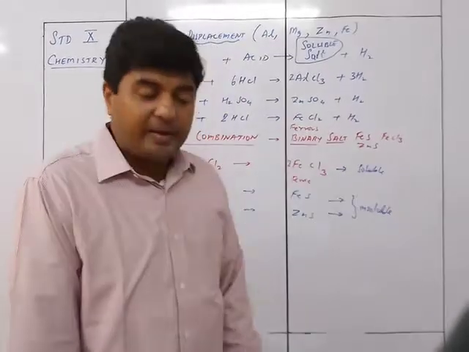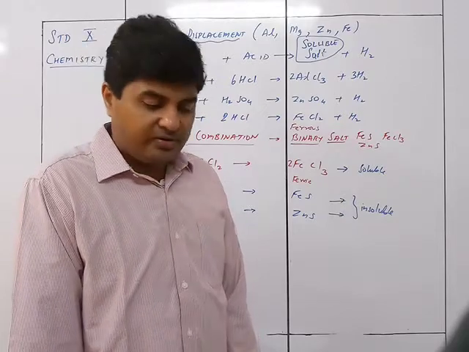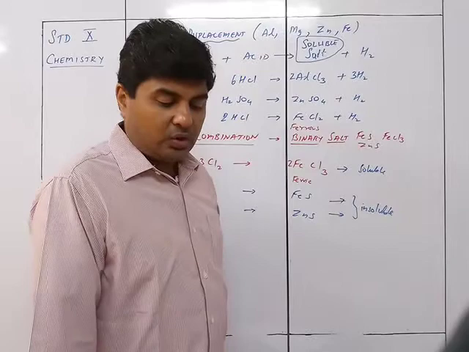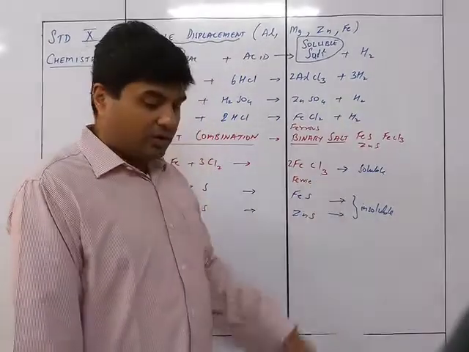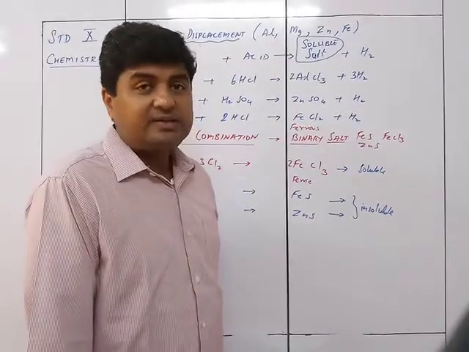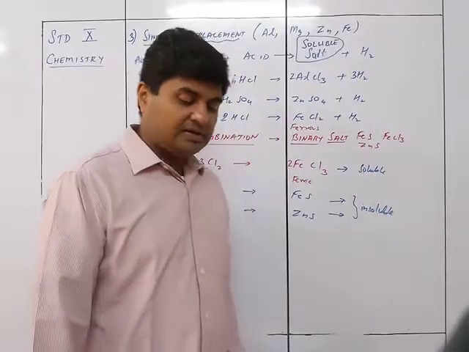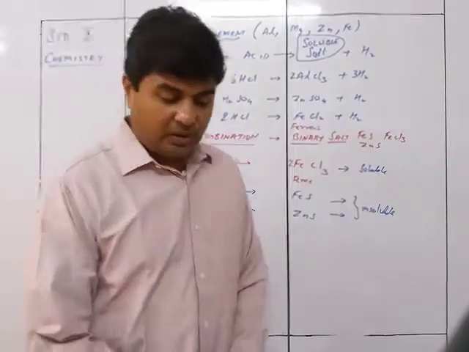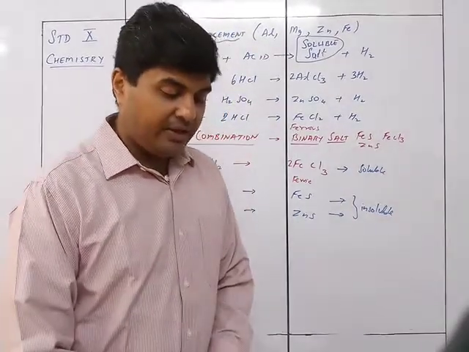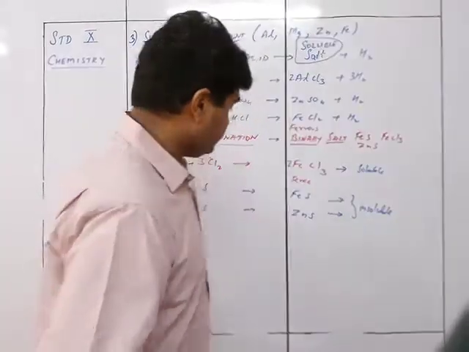So you can prepare both soluble as well as insoluble salts using the direct combination method. It is used for iron(III) chloride, aluminium chloride, iron sulfide, zinc sulfide and lead sulfide. These are the examples given, where the sulfides are insoluble and the chlorides are soluble. So that gives us the fourth method, the direct combination or synthesis method.